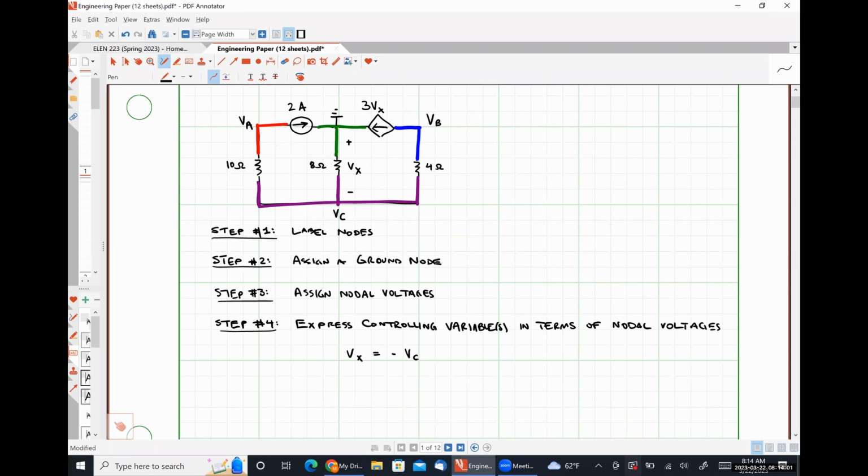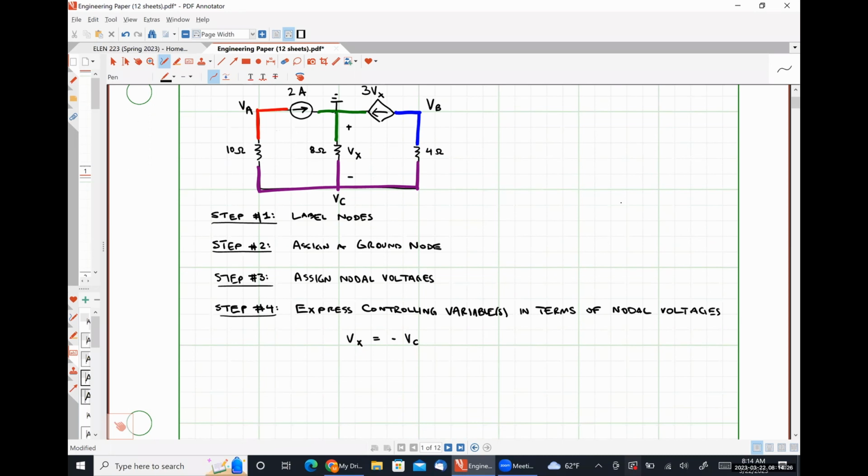So we could say that Vx is ground minus VC, 0 minus VC, or negative VC, all the exact same thing, okay? So just as a formal description, we can express any voltage as the nodal voltage at the positive polarity terminal minus the nodal voltage at the negative polarity terminal.